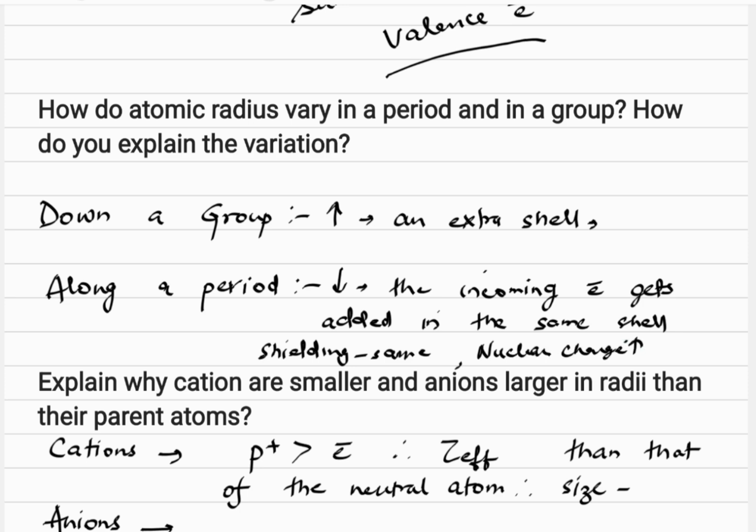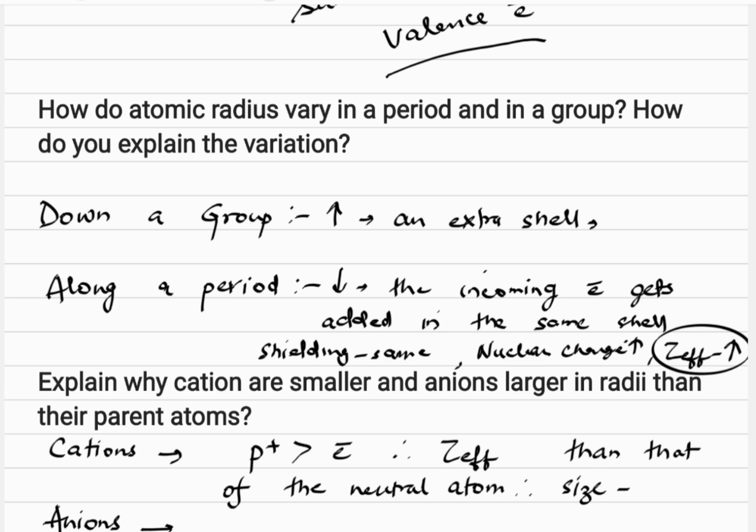And shielding remains the same, that means Z effective, that is the effective nuclear charge, increases. If Z effective increases, that means the outermost electron now feels more and more pull towards the nucleus. So as we move along the period, Z effective increases and the outermost electron feels more and more pull towards the nucleus. That means it gets drawn inwards, so the size decreases.